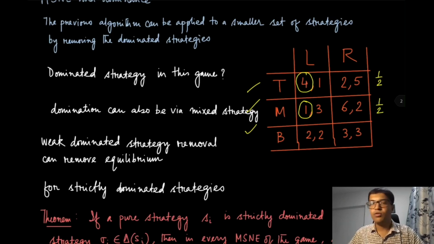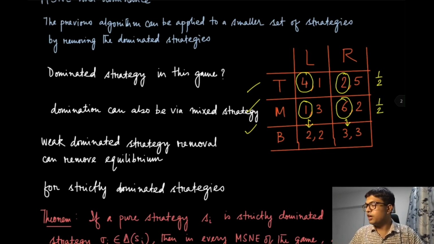So 4 and a half, this will be 2.5. And for the other column, the expected utility will be 6 plus 2 times half, which is 4. But that mixed number is larger than this 3, and that mixed number is larger than 2.